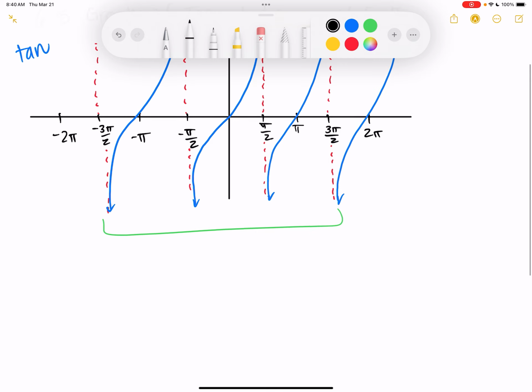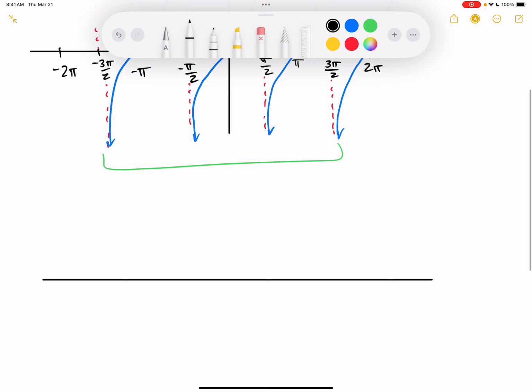Cotangent is very similar in shape. We're going to have the same increments out to 2 pi in both directions.